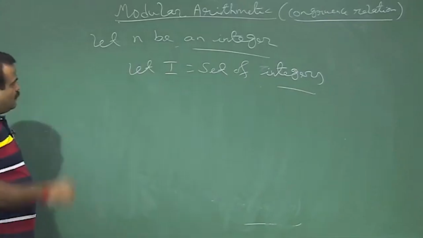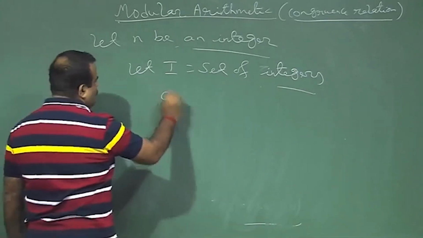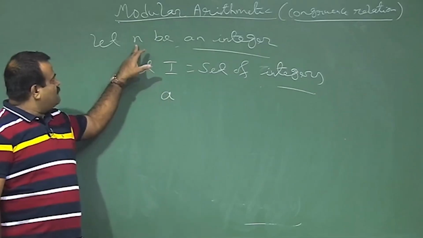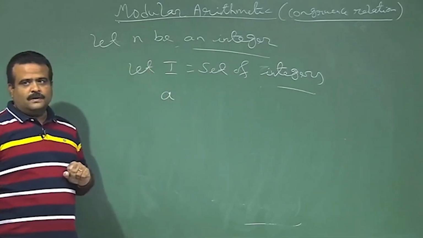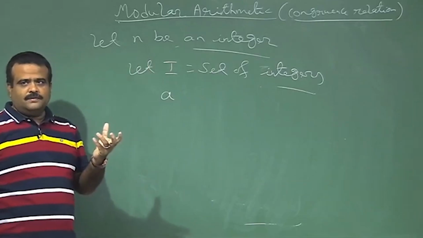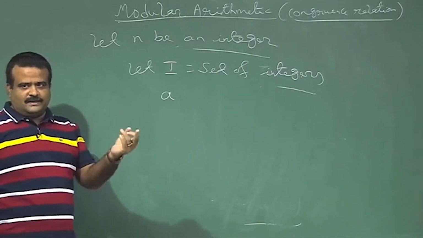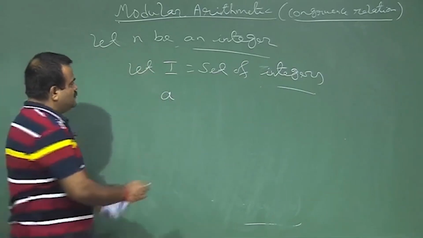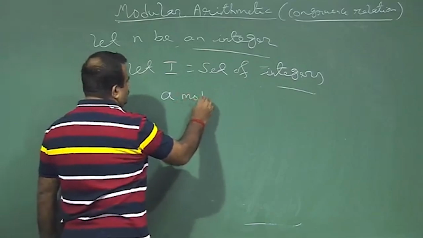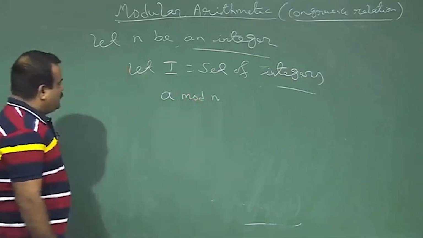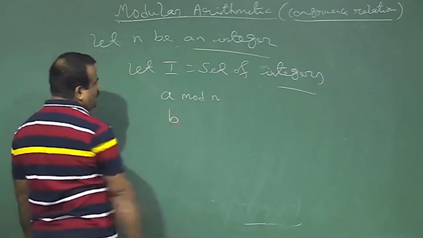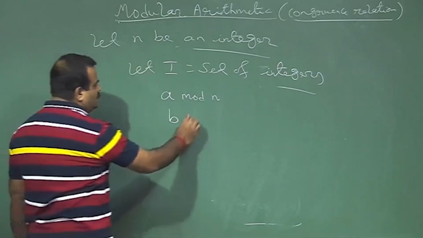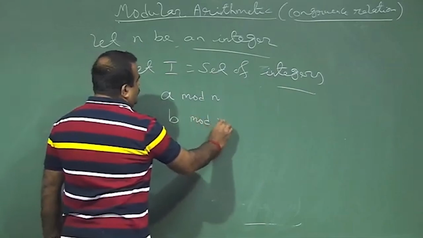Okay. Now, if you take any integer a and try to divide this a by n, then we get a remainder, which is a mod n. And if you take another integer b and try to divide b by this integer n, that will give us b mod n.